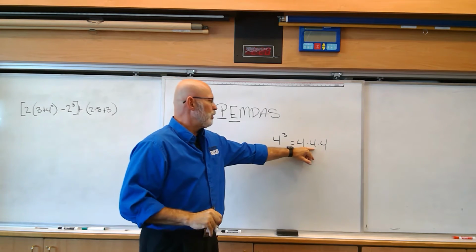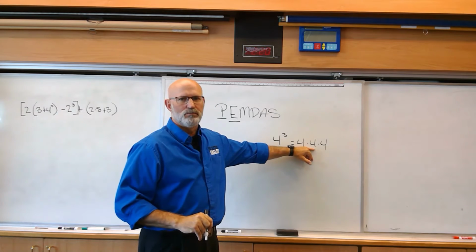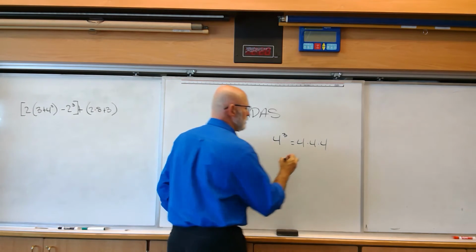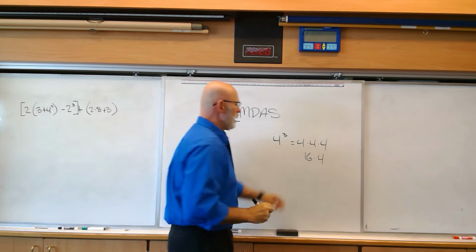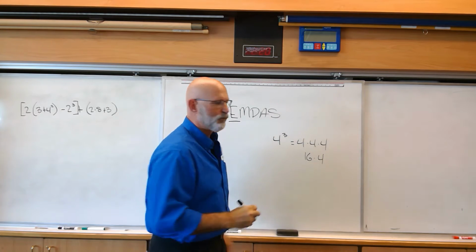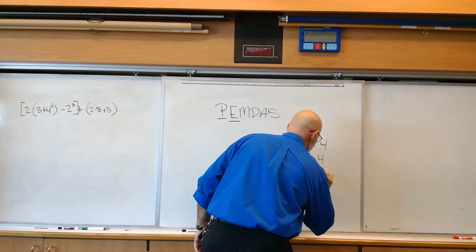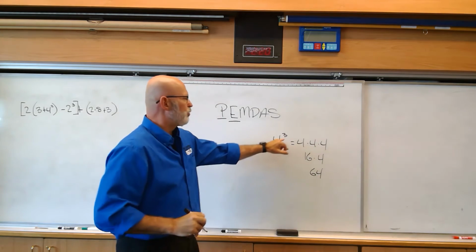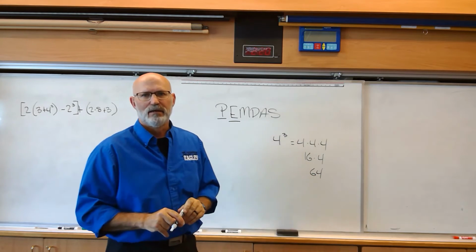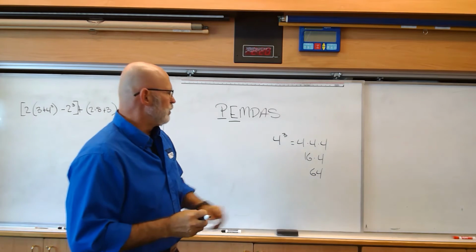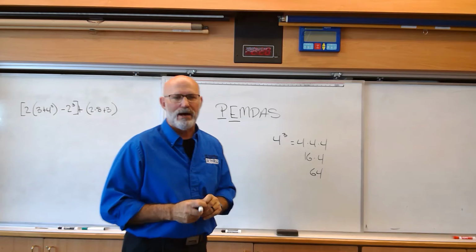We multiply 4 times 4, which is 16, times 4. And 16 times 4 is 64. So 4 to the third power is basically saying it's 64. That is the equivalent of 4 to the third power.